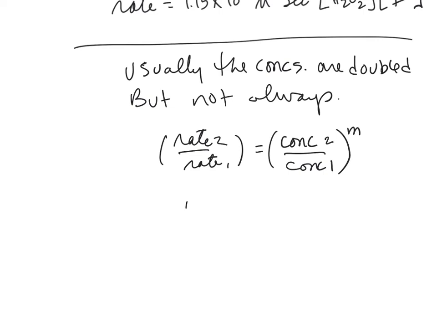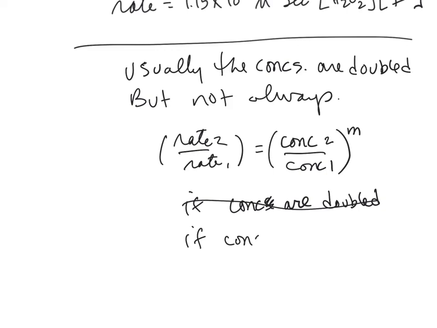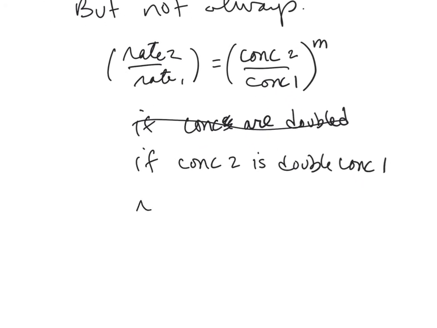Okay, and so if concentration 2 is double concentration 1, then you have the result that rate 2 divided by rate 1 is 2 to the power m, right?